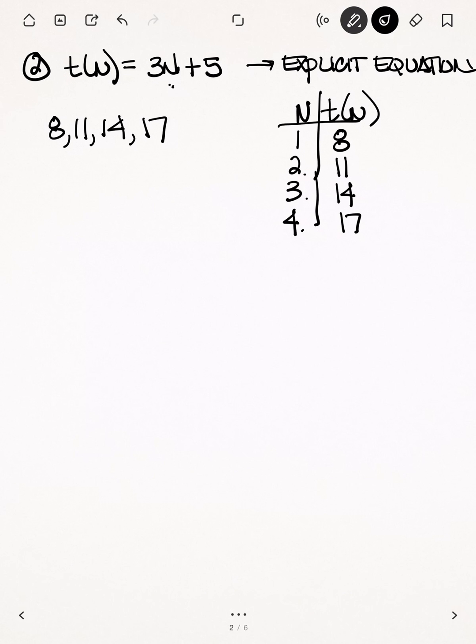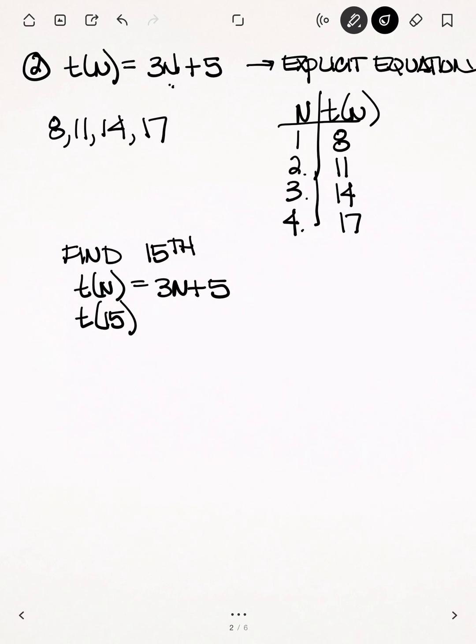Now, what if they asked me to find the 15th term? If I wanted to find the 15th term, I could take my explicit equation and use it to find the answer. So I would say, well, t of 15 is equal to 3 times 15 plus 5.